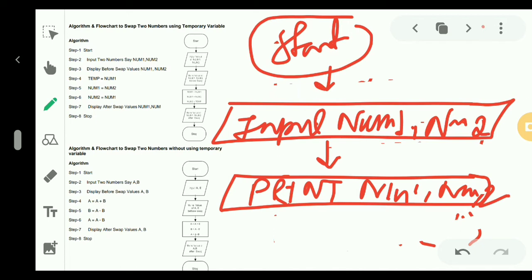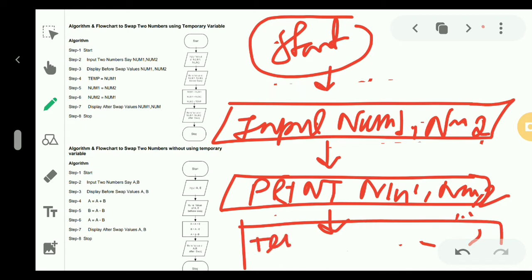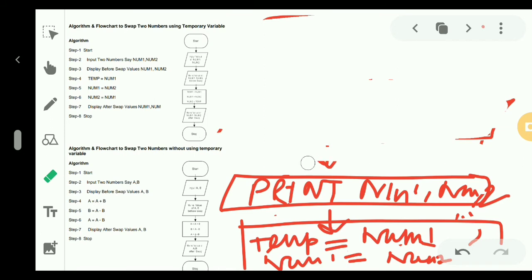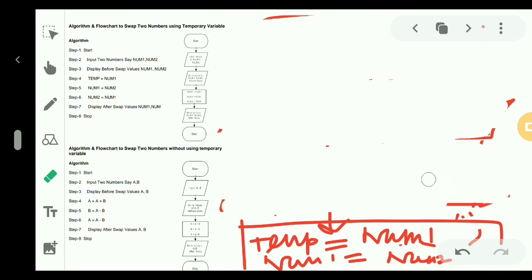So the next step is the calculation step. As a whole, we can write it down. First we have taken the temporary variable: temp equals to num1, then num1 equals to num2, and then num2 is equals to temp.